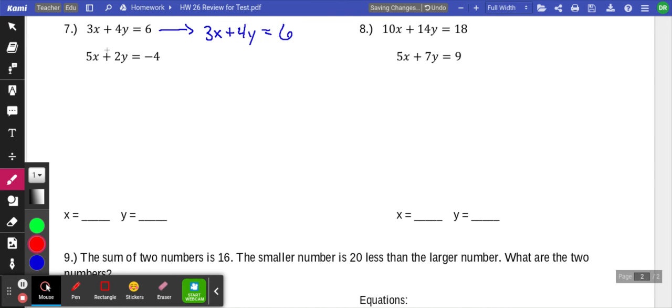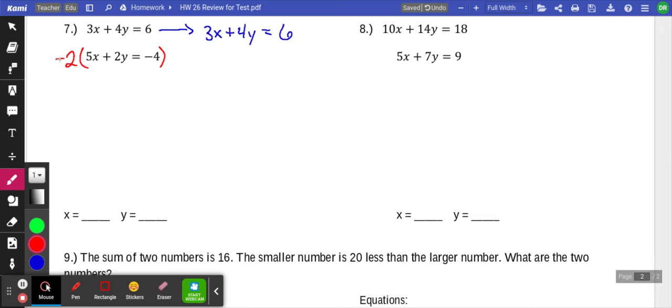For the second equation, though, I'm thinking, what do I need to cancel with positive 4y? That would be a negative 4y. So what is it I need to multiply by to get a negative 4y in the middle here? Obviously, we're going to need a 2, because 2 times 2 is 4, but 2 times this positive 2 will give us a positive 4.